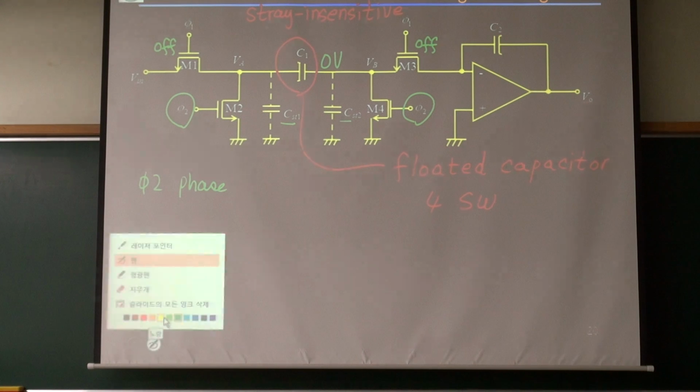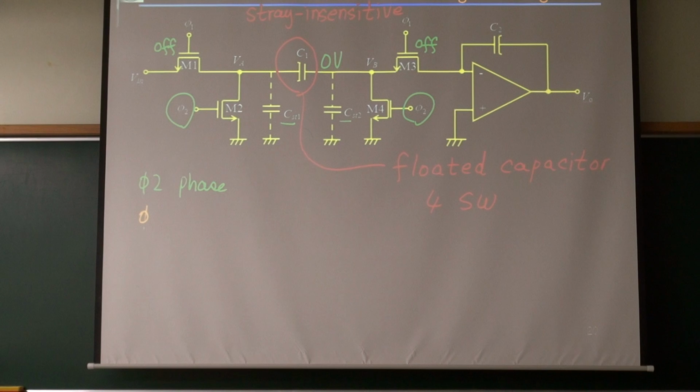Yeah, pi1 phase. Those M2, M4 are turned off, and then M1, M3 are turned on, right? So in this case, I assume this is a DC input, 1.75 volt DC.